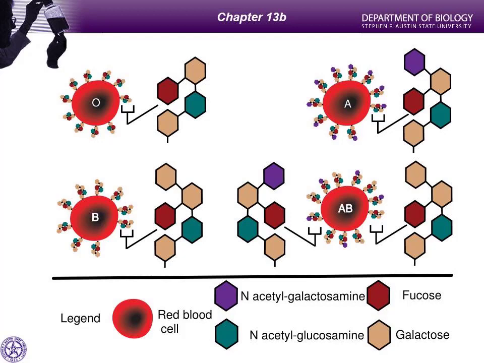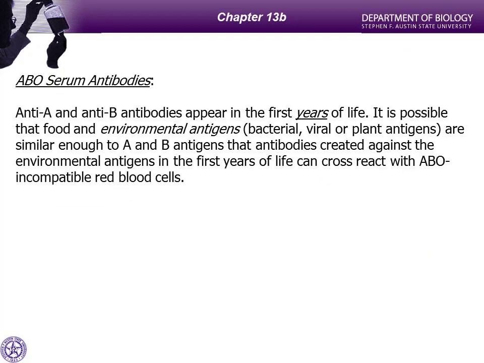And it's the antibodies then that cause the problems. Because we already know with antibodies, you can handcuff pathogens together. You can create these huge rafts of pathogens. Well, if you have antibodies against your blood groups, you're going to start tying your red blood cells together. And don't forget, when we talked about isotypes of antibodies, it was the IgM type that's primarily going to be responsible for this.